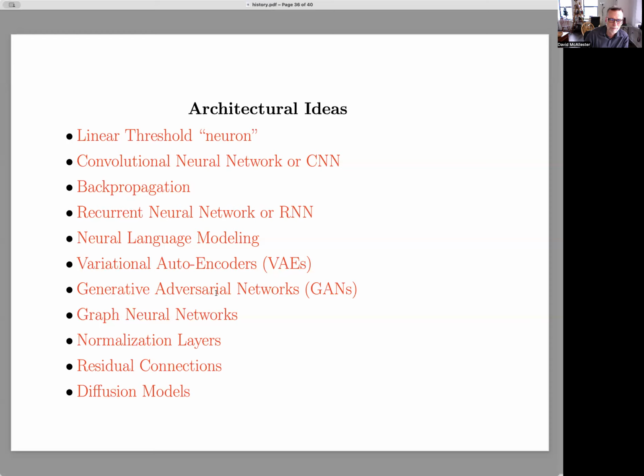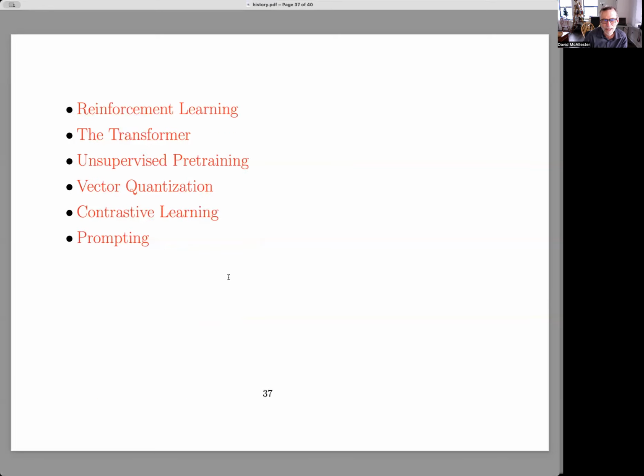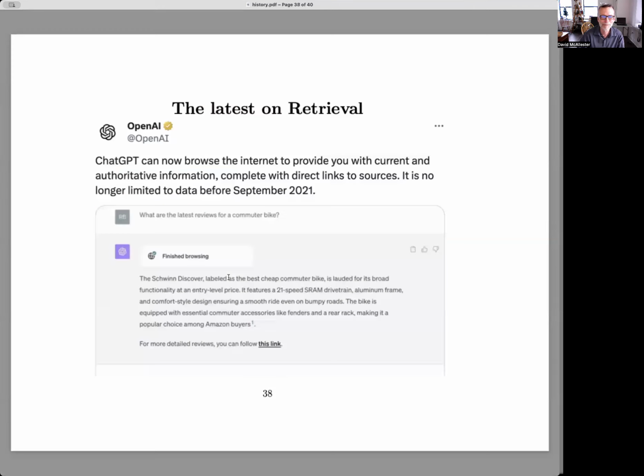Neural language modeling, variational autoencoders, generative adversarial networks (GANs), graph neural networks, normalization layers, residual connections, diffusion models. These are all architectural ideas. Just to continue this list, reinforcement learning is a very general idea, it turns out. The transformer, unsupervised pre-training, vector quantization, contrastive learning, and prompting. These are all very general.